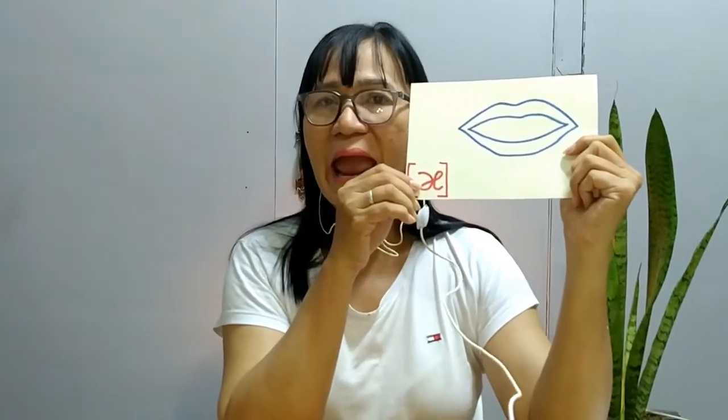Okay? Next, let's go to the low vowel. There is only one low front vowel, and this is the symbol of that vowel. It is as if the combination of the letter A and the letter E in one, and this is sounded as an eh. Well, by the way, we Filipinos do not have the eh sound.